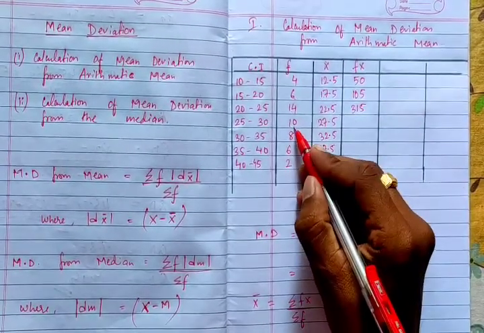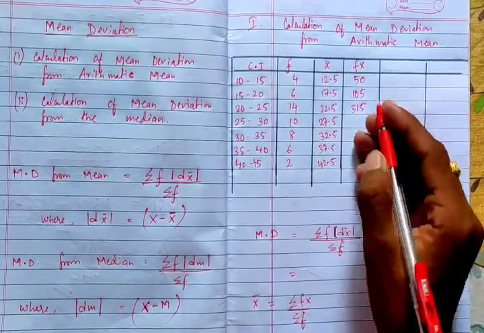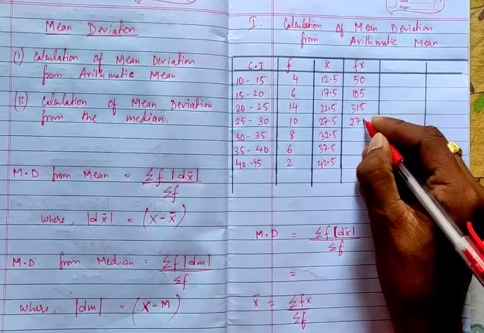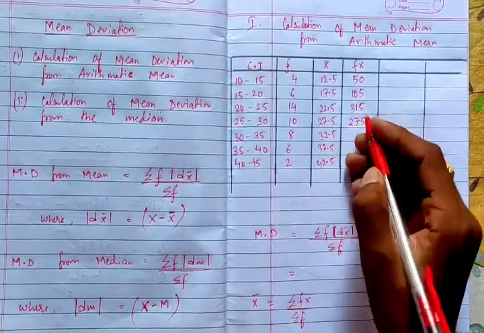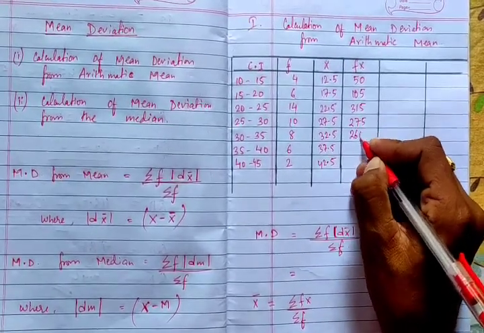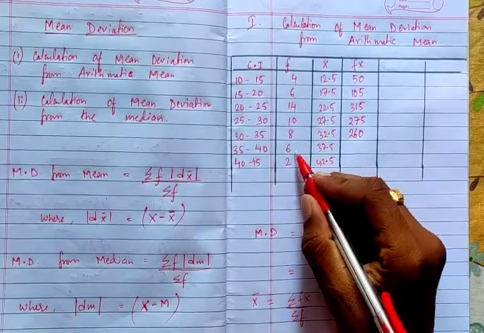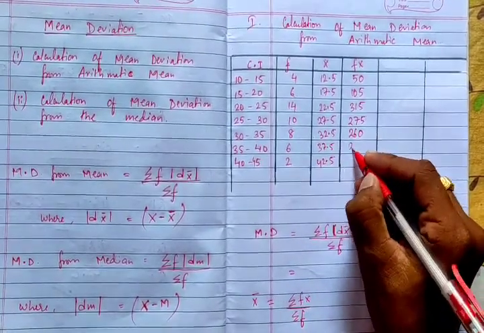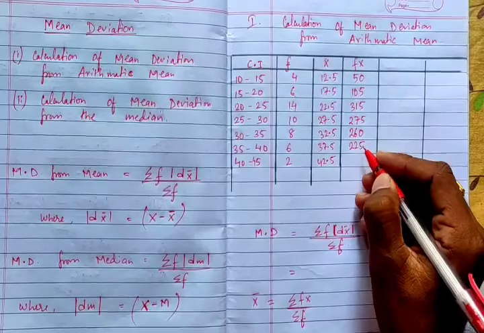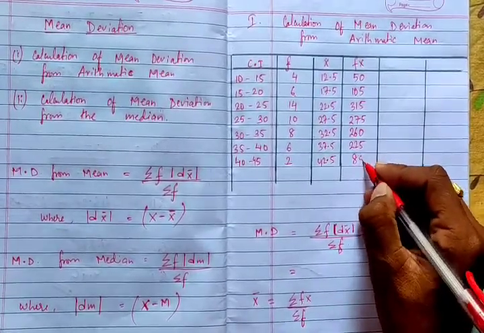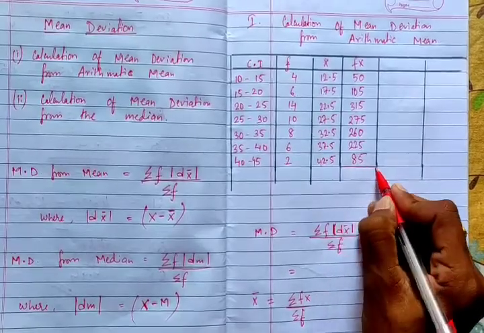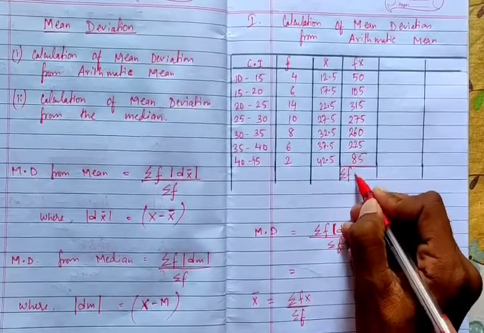Then 10 multiplied by 27.5, we get 275. Then 8 multiplied by 32.5, we get 260. Then 6 multiplied by 37.5, 225. Then 2 multiplied by 42.5, 85. So we have to do the total, then we will get summation fx.